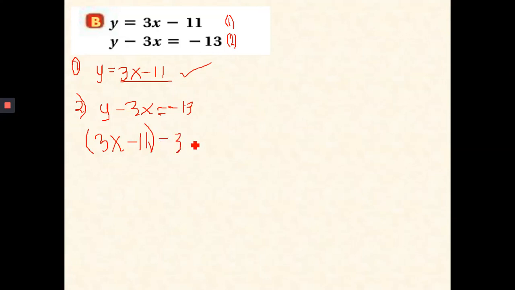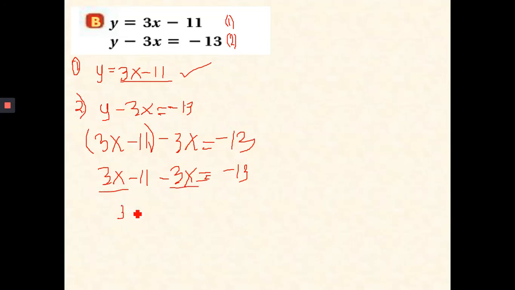Minus 3x equals negative 13. Okay? So you now have 3x minus 11 minus 3x equals negative 13. Okay? Combining similar terms, we can combine this one.